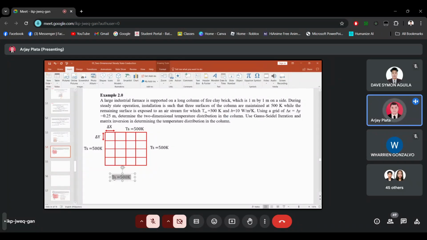There is convection on this part, on the bottom of the plate or the column, so we have here h. So that's our figure.